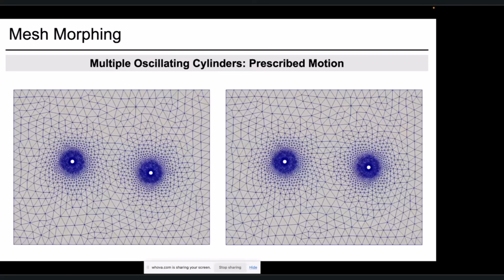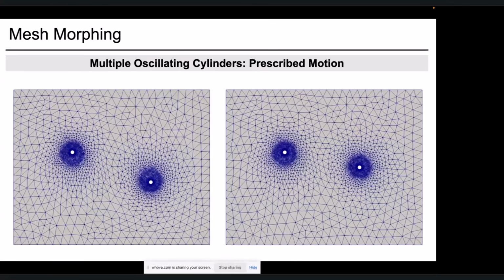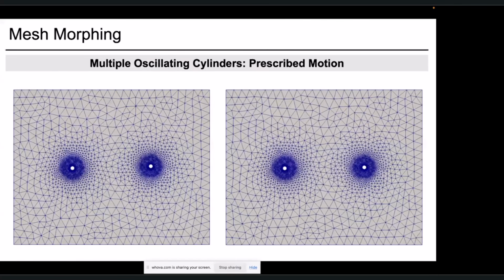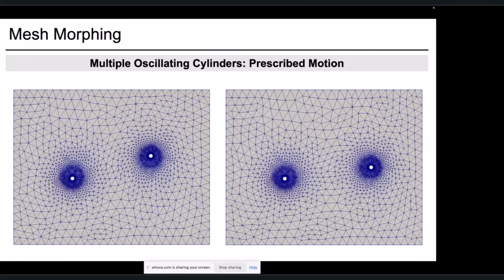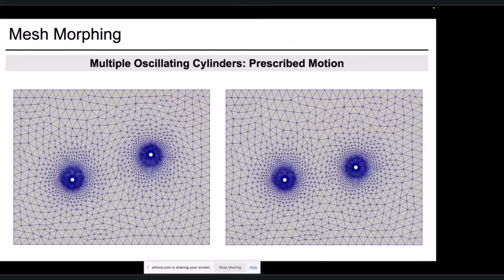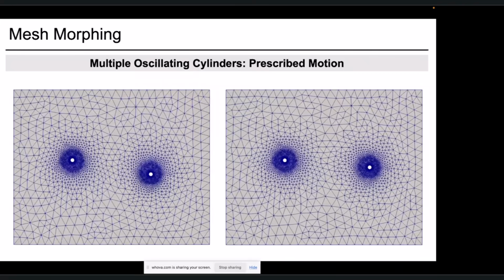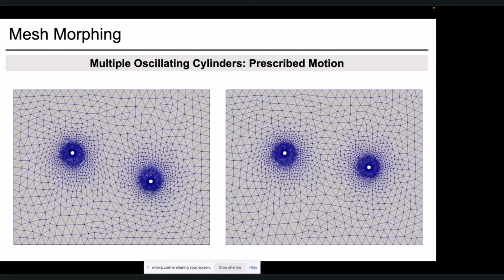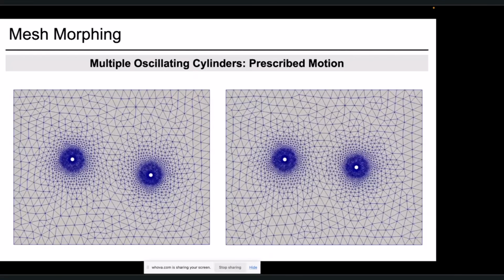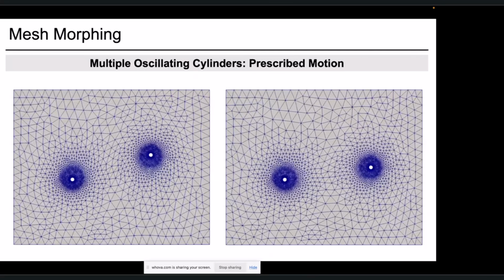Now, if we observe these two cases, we see that the two cylinders are going up and down for the first setting, and for the second setting, the first cylinder goes up and down and the second cylinder goes sidewise. Now, there are severe limitations of multi-body simulations using mesh morphing, because when these two or multiple bodies undergo huge deformation, the mesh quality degrades considerably.